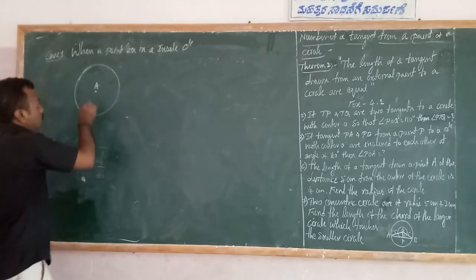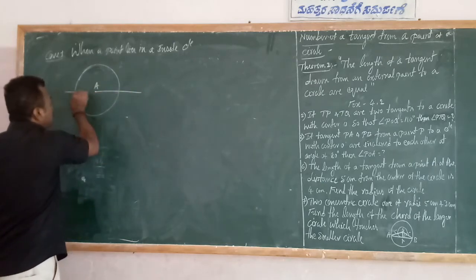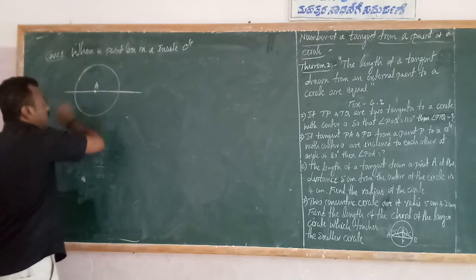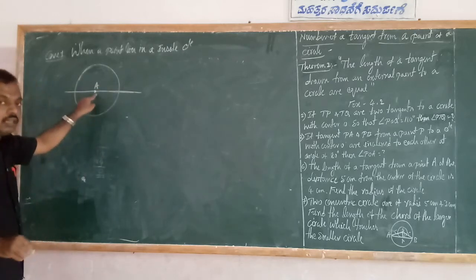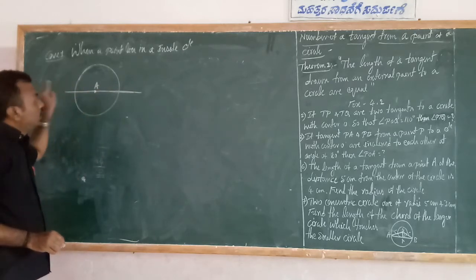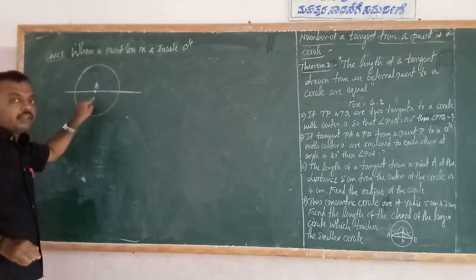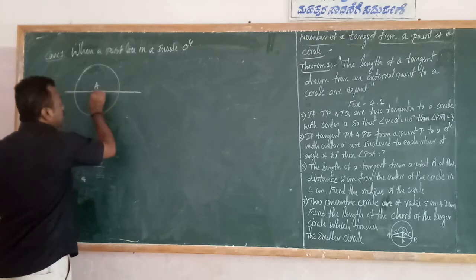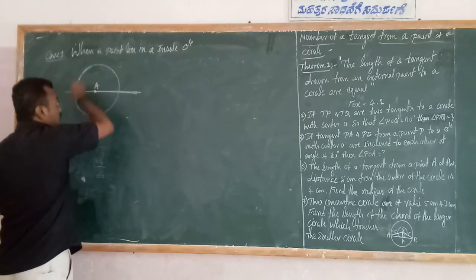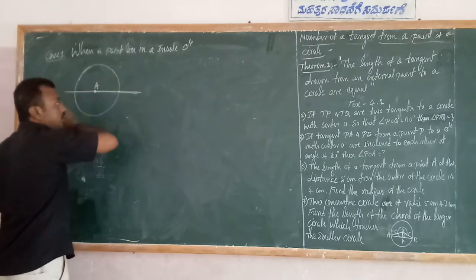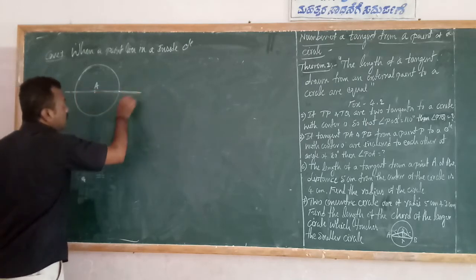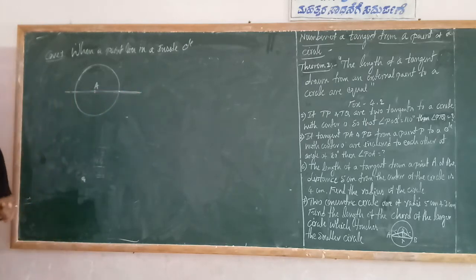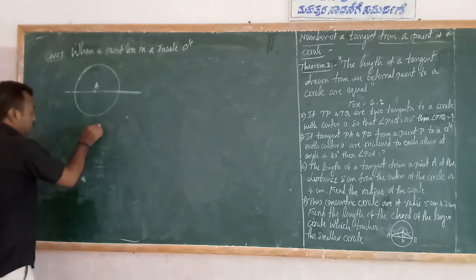Is it possible to draw from inside of the circle? No, it cannot draw a tangent from the given point. If you draw a line from point A, these lines intersect the circle, but what do we call such a line? This is a secant. It is not a tangent. Understood?